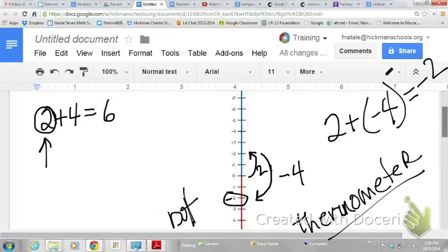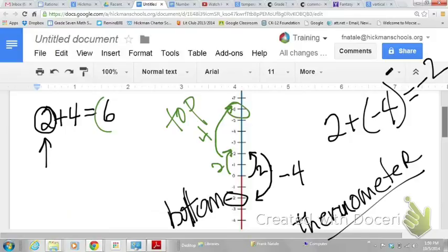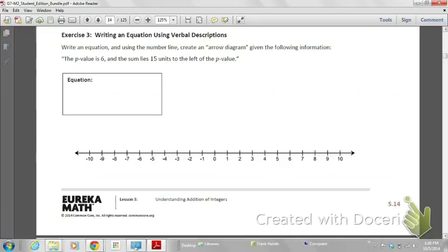But then if we did this other one over here in green, remember we did 2, and then another 4. You can see that the sum ends up on the top of the number line. Seems pretty basic, doesn't it? It probably is.